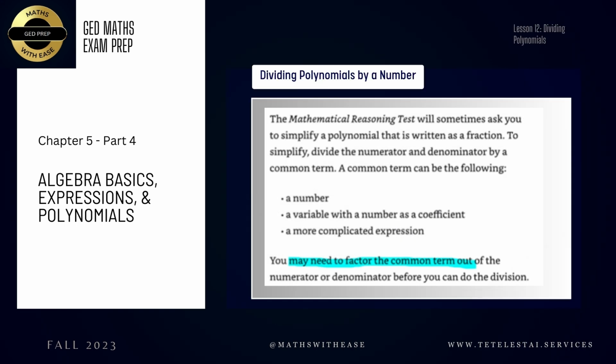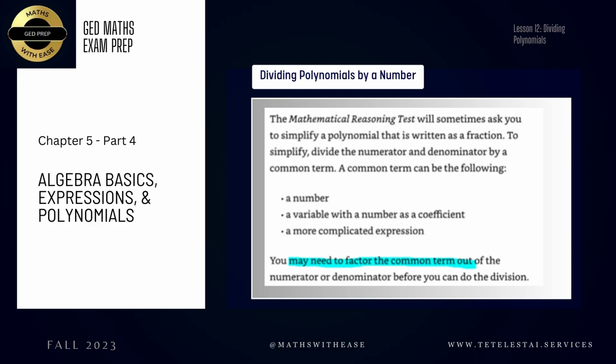So when you're dividing by a number, make sure that the test will sometimes ask you to simplify a polynomial that is written as a fraction. So to simplify, you simply want to divide the numerator by the denominator. Make sure that you're dividing using a common term. A common term can be any of the following.